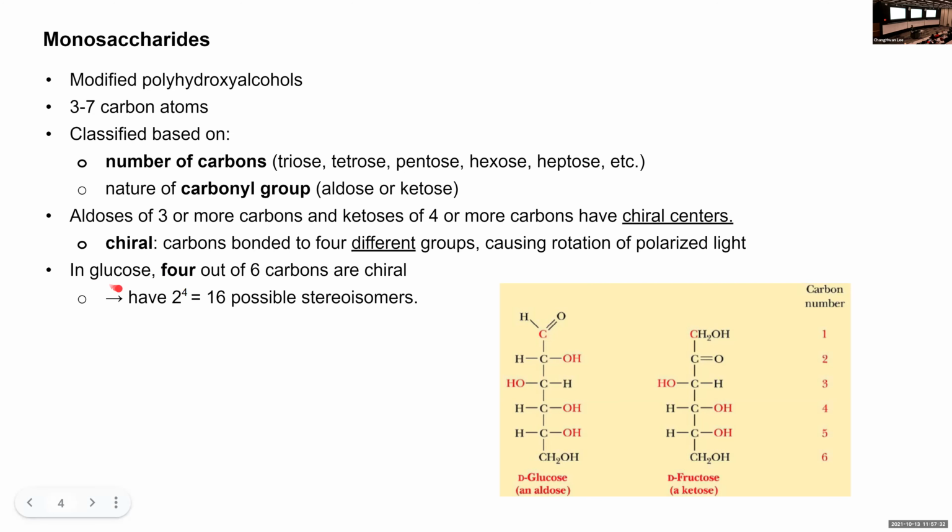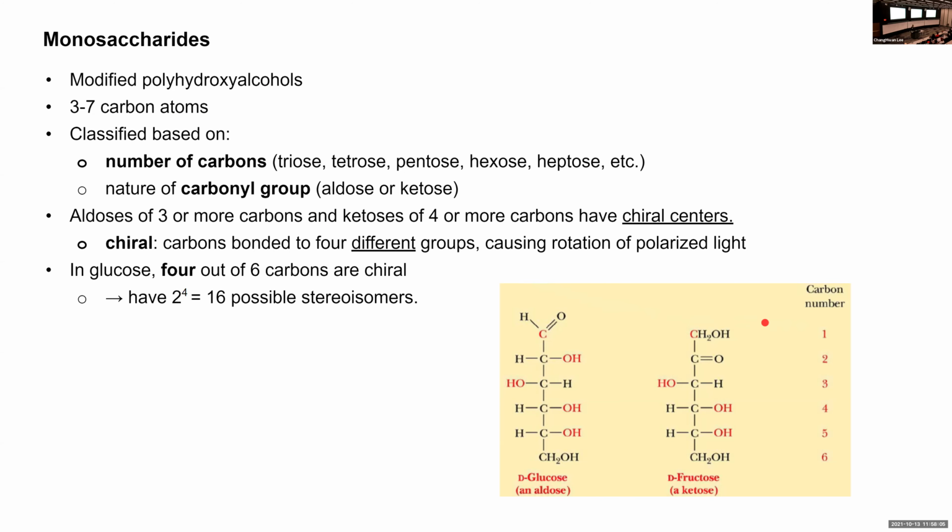In glucose, now we're getting there, 4 out of 6 carbons are chiral, and the question was which carbons were the chiral centers? What do you think? Carbon numbers are there, to make it a little easier.